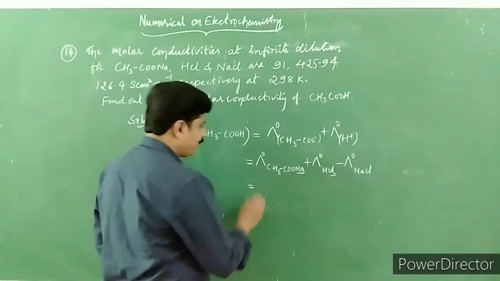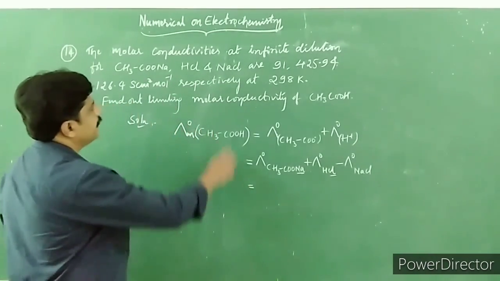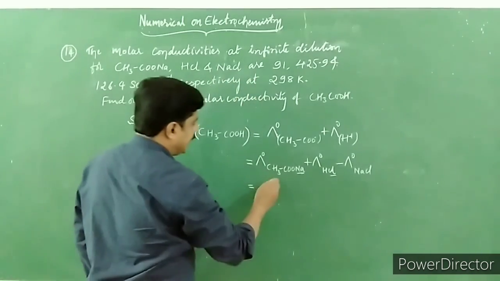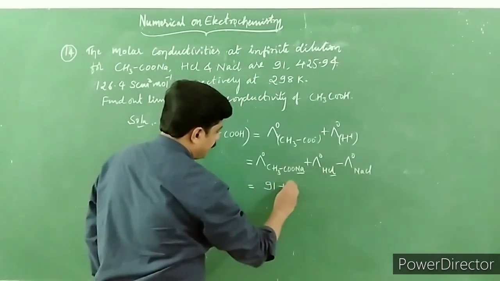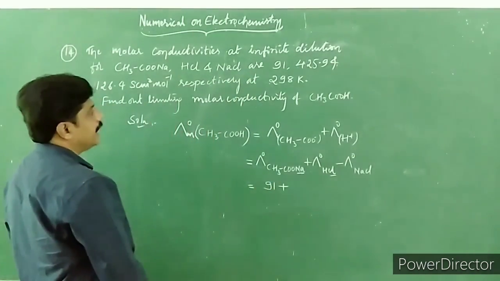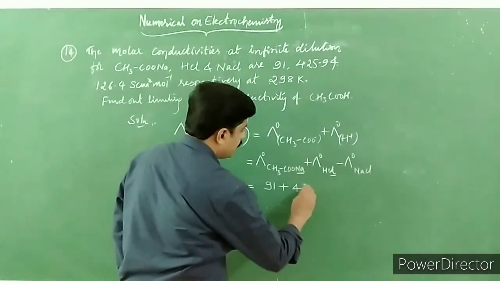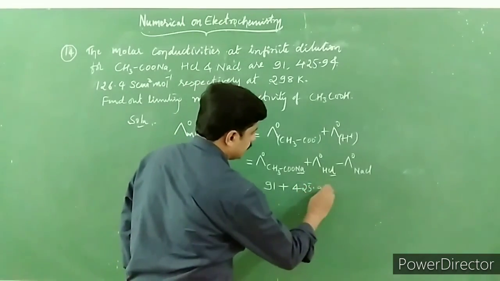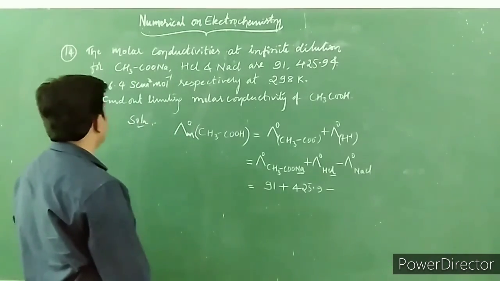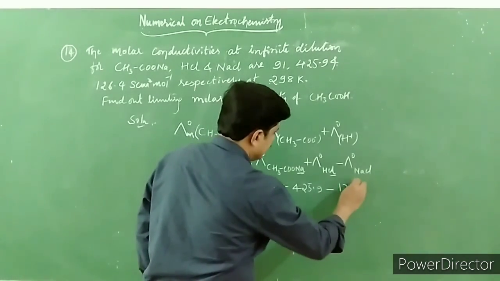Let me substitute the value. Look at here. For sodium acetate, it is 91 plus for hydrochloric acid, it is 425.9 minus for sodium chloride, it is 126.4.